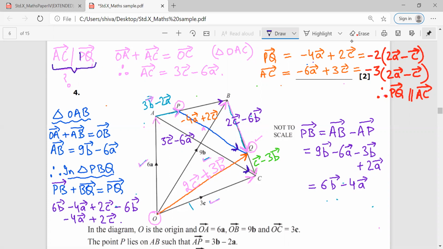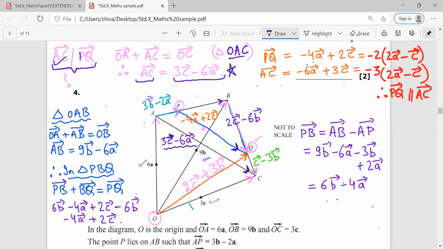Any doubt? No, sir. So OA plus AC would be equal to OC if I consider the big triangle OAC. From this triangle I get AC equal to 3C minus 6A. Any doubt? No, sir. So I note it down on the figure. This is the diagonal AC.